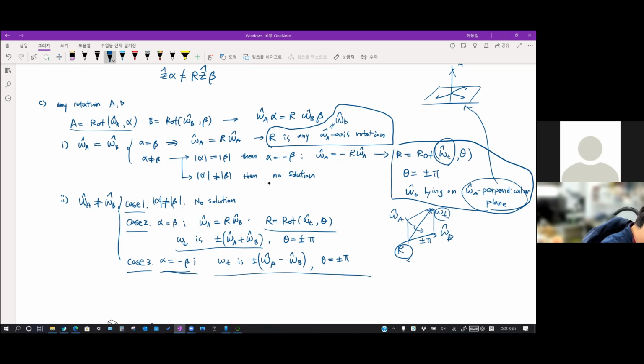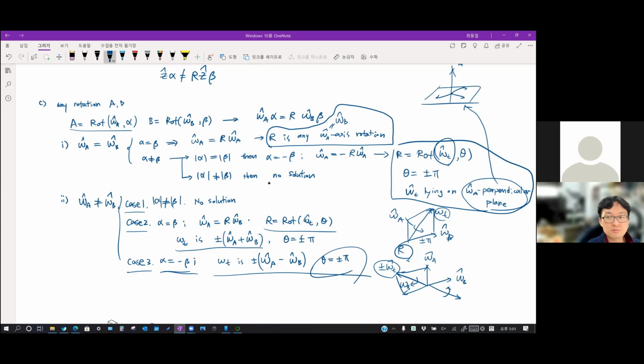So omega A, omega B, and minus omega B, the vector sum of this one becomes omega t, and plus or minus omega t, this one and this one, and plus or minus pi equals the solution.